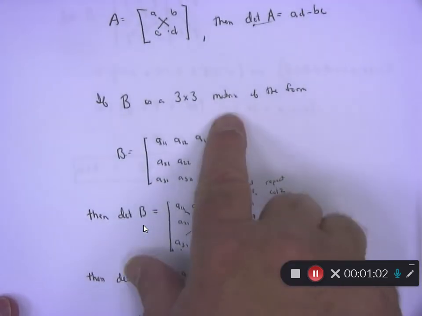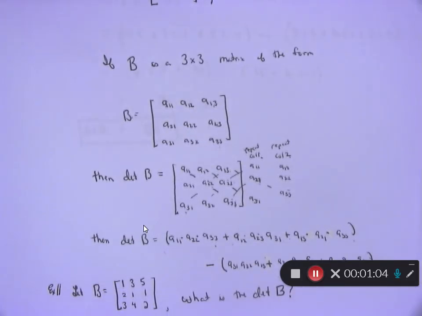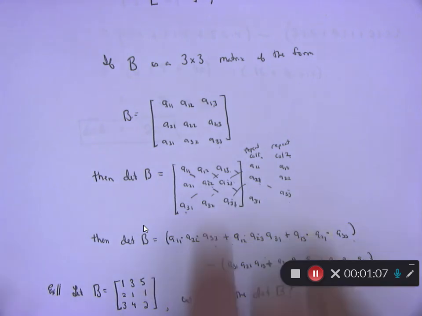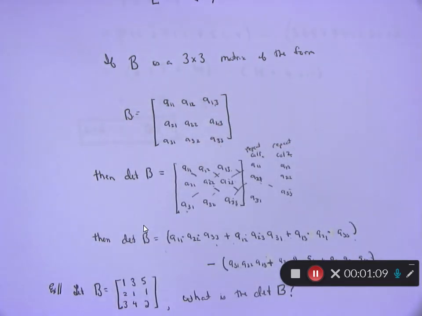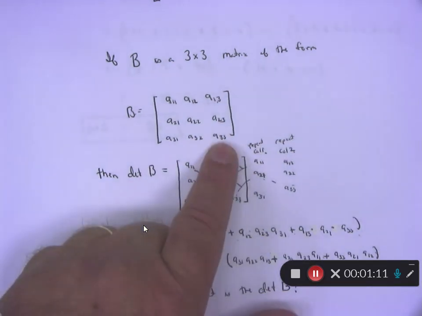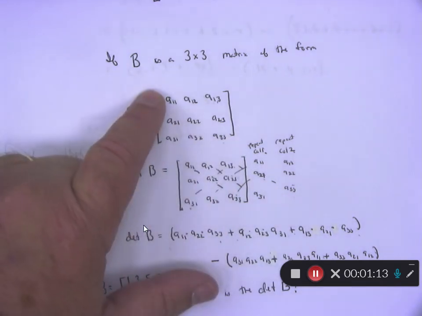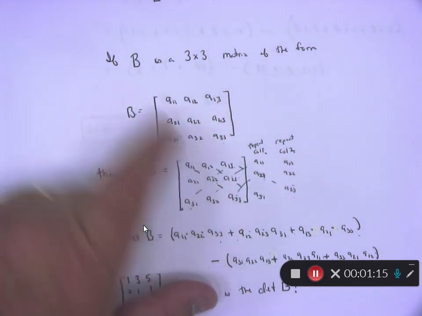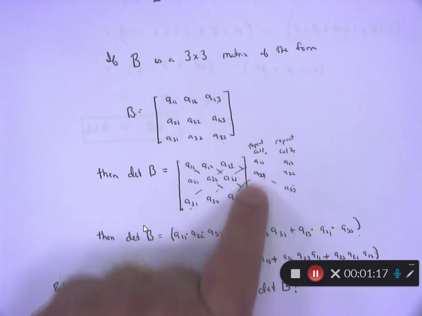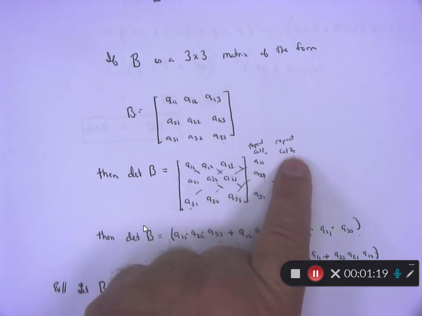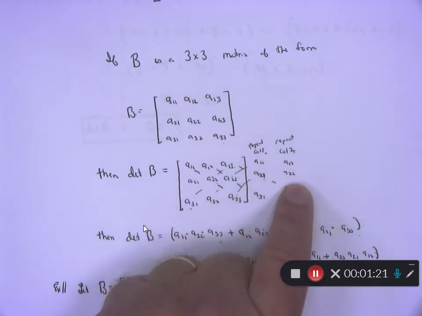However, if you have a 3 by 3 matrix, and I just made it general, A11, A12, A13, all the way out to A33 down here, you recopy the first 2 columns, so A11, A21, A31, and then the second column, A12, A22, A32.